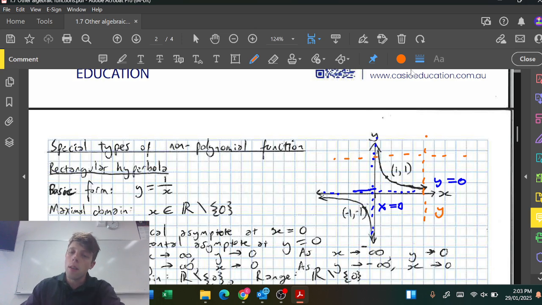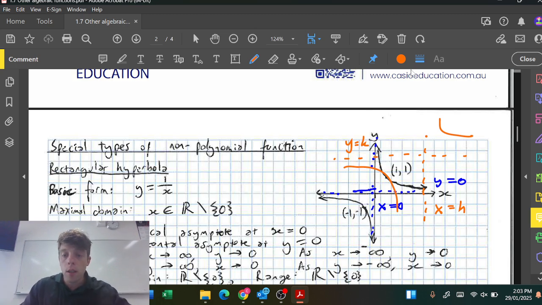So we've moved this one over here. So now this asymptote here is occurring at x is equal to h, and this asymptote up here is occurring at y is equal to k. Now this equation might look like this. So it's a graph that's been shifted to the right and up.